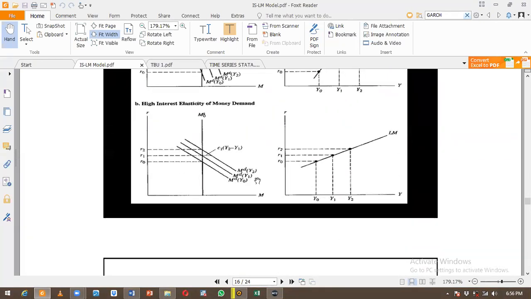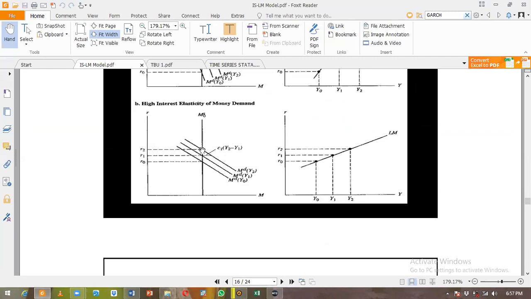So let's look at the other side, when money demand is more interest sensitive. Assuming an increase in income, we know it is going to result in an increase in money demand, which means there will be excess demand for money over the supply of money. So to restore equilibrium, we have to increase interest rate.